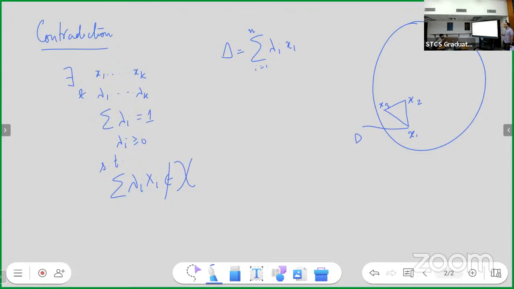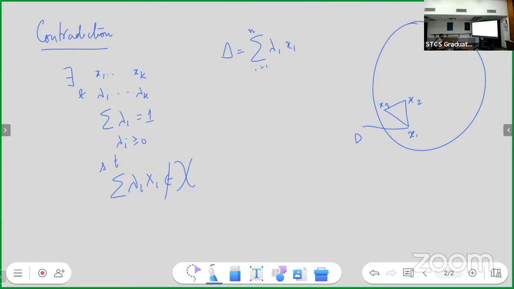The convex set X contains X1, X2, X3. And we know that there is the convexification of X1, X2, X3, which is the smallest convex set that contains these three points. Why do I need the fact that it's the smallest?